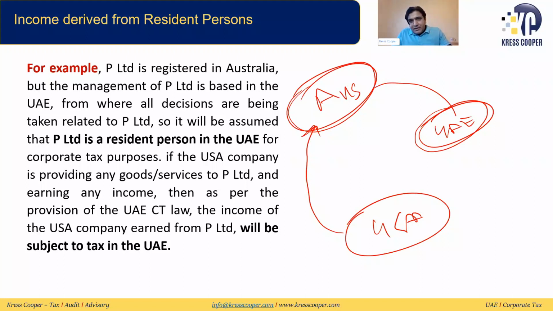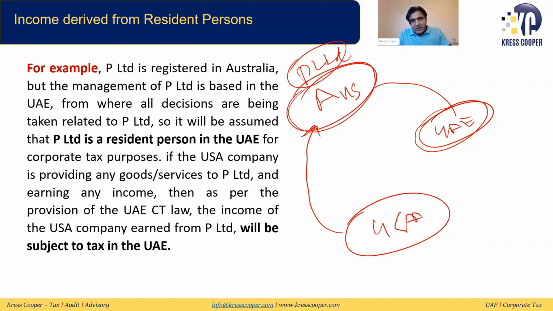So the income earned by the USA company from the Australian company will be attributed to the UAE and will be subject to tax in the UAE. The same thing I have mentioned: Pre-Limited is registered in Australia, but the management of the Pre-Limited is based in the UAE. So we can say Pre-Limited is a UAE-based company.